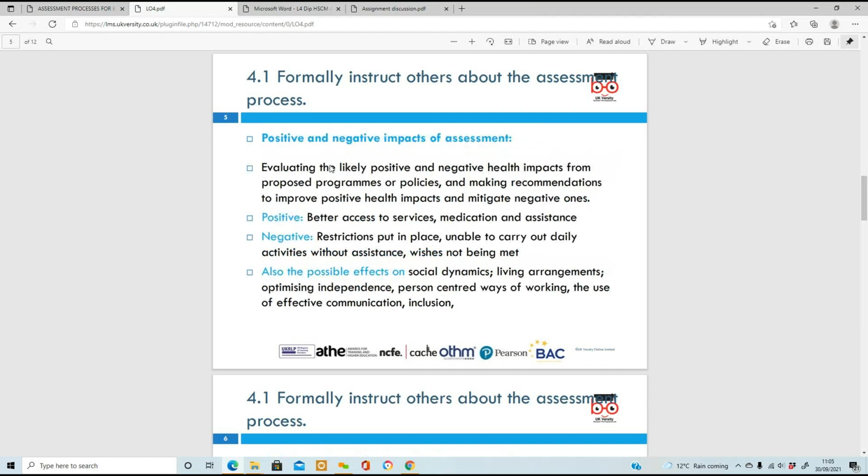And then you probably want to talk about positive and negative impacts of assessments. So you've got to look at what the positives are, what the negatives are, from all these assessments that you're doing, from the programs and the policies that you're recommending to your service users. Some positives could be that there's better access to service, medication, and assistance.